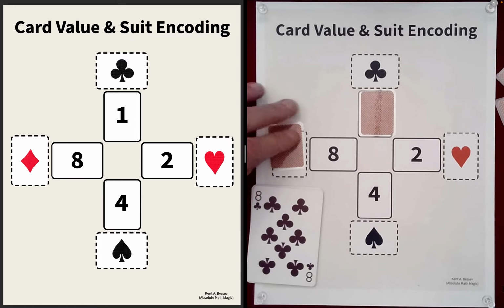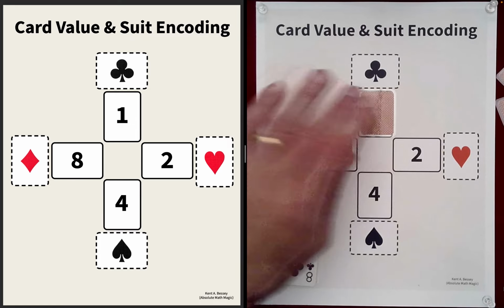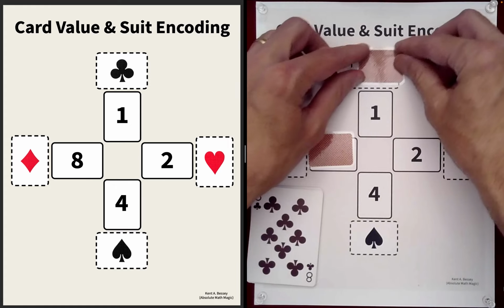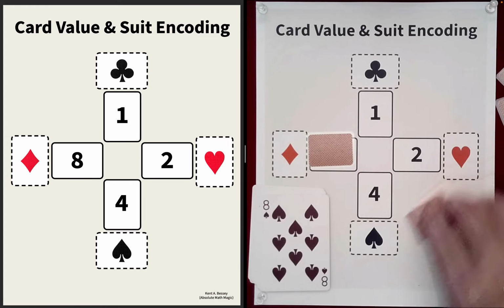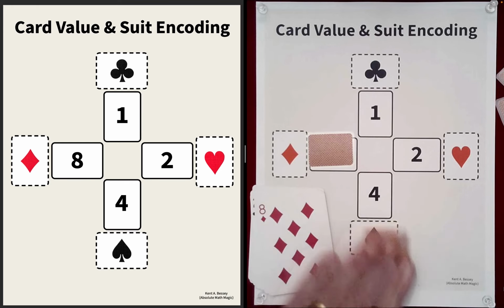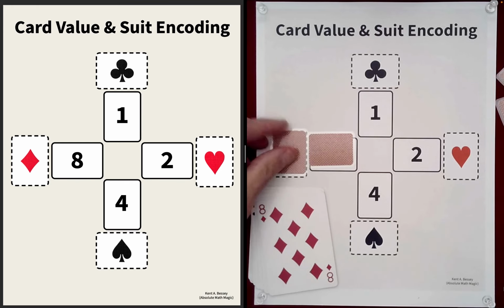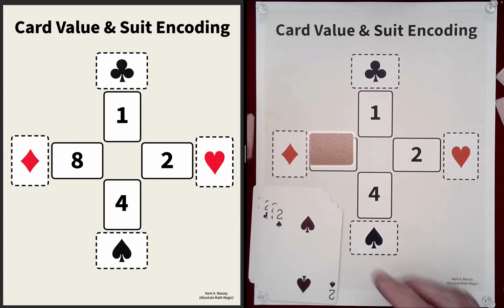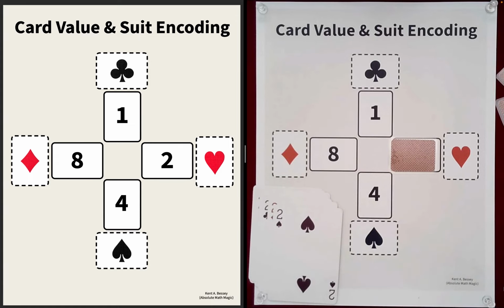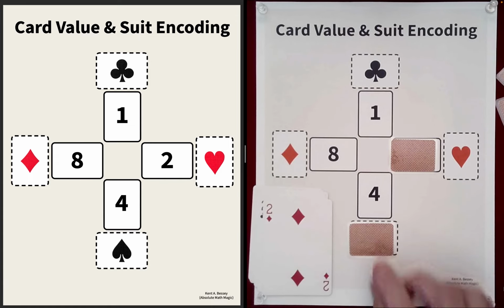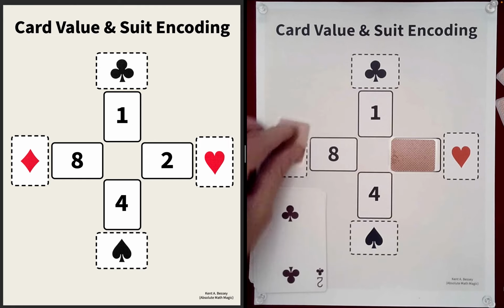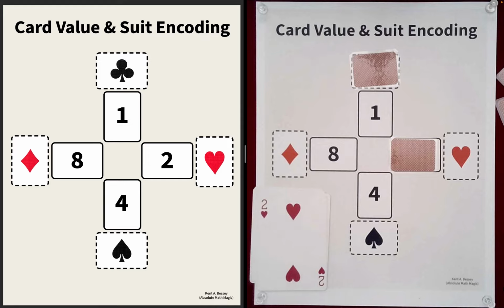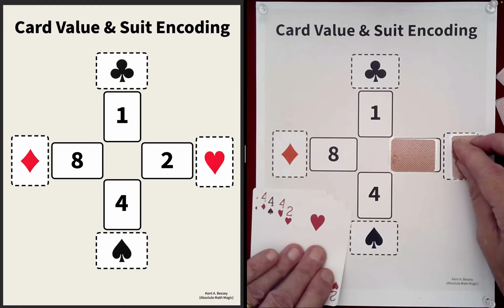Okay, and then the 8, well, the 8's right there, so we've got the card value. And then you would have a club up there, a heart here, a spade here, and of course the diamond would go right next to it. Okay, and then 2, similar thing there, a spade, a diamond, 2 of diamonds, that is, 2 of clubs, 2 of hearts, all right?